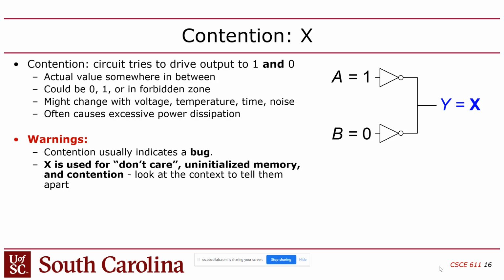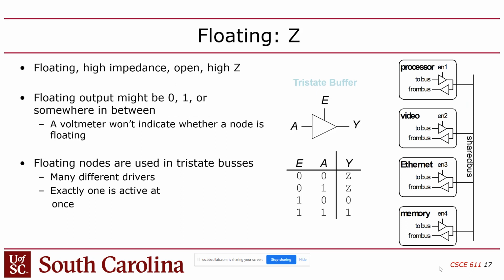So in this case, I've got these two inverters potentially trying to set this wire to two different values. So that'll come up as an X. Another thing you'll see is Z. Z stands for floating. That's the value that the simulator will assign to a signal that is not being driven by anything. Essentially, every signal, every variable in your design has to be driven by one and exactly one entity or one circuit.